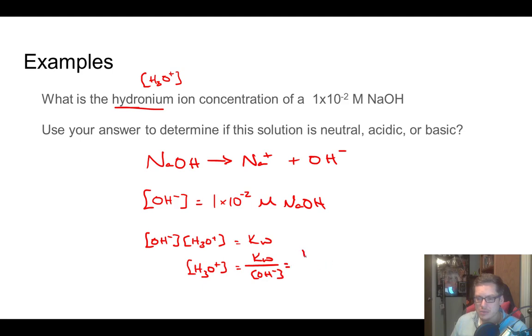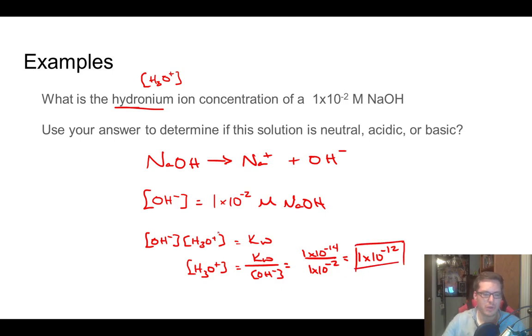The Kw is 1 times 10 to the minus 14, and the hydroxide concentration is 1 times 10 to the minus 2. So we get 1 e to the minus 14 divided by 1 e to the minus 2, and we get 1 times 10 to the minus 12.